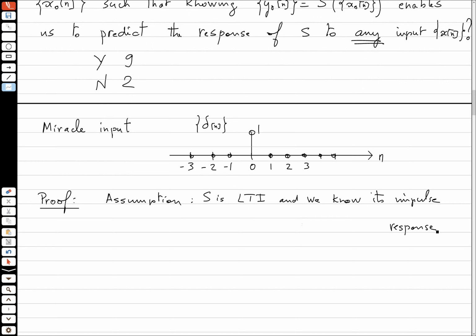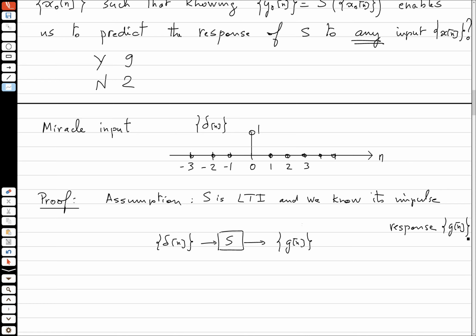All right, so for those of you who forgot, the meaning of impulse response means the sequence that you get here. So I'm going to call it G of n. So that's what we assume, okay?